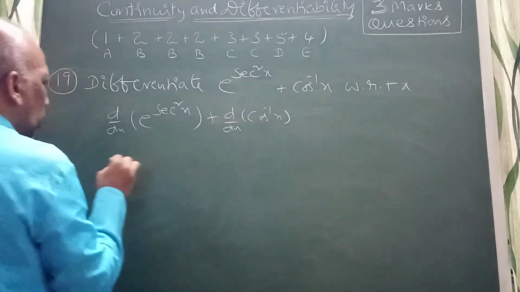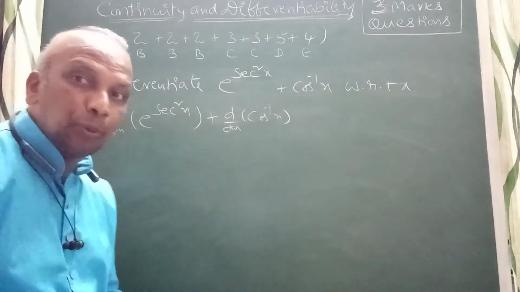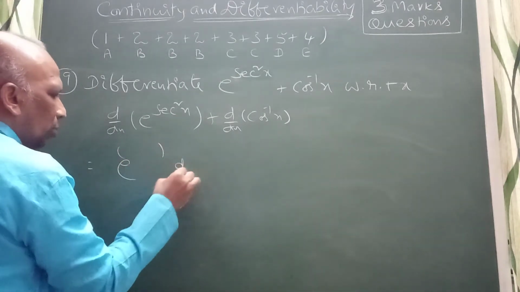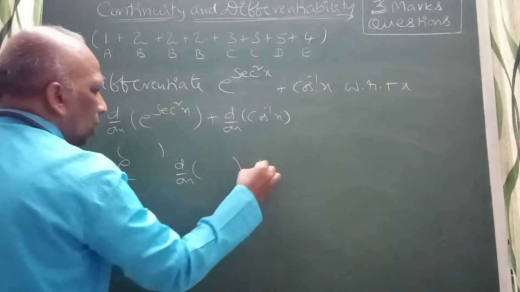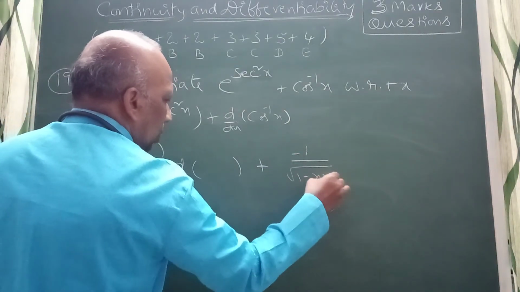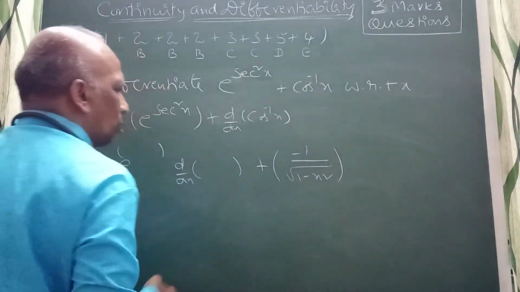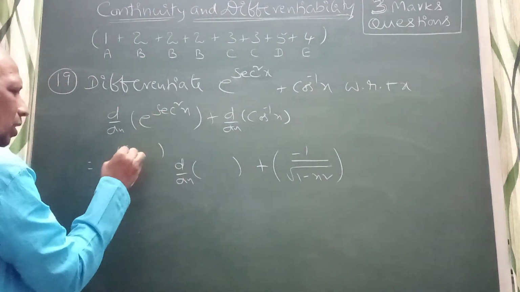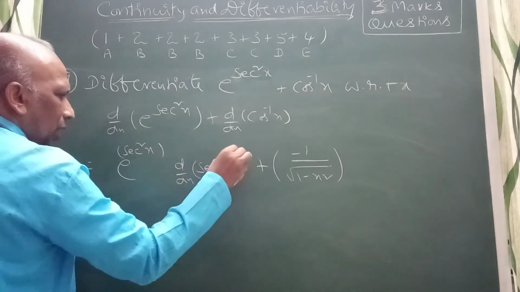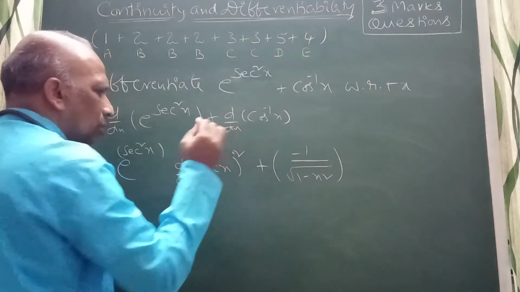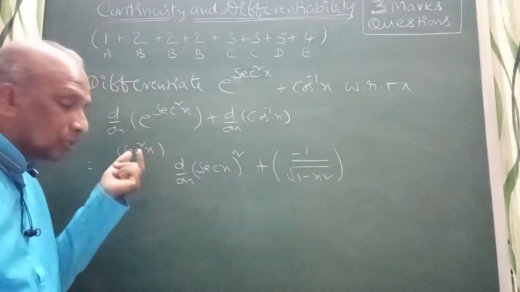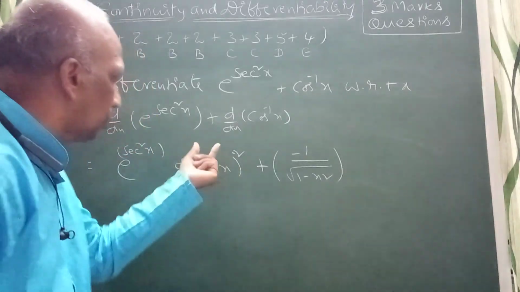We know the derivative of e power x is e to the power of x, and the derivative of cos inverse x is minus 1 by root of 1 minus x square. Secant square x means I can write secant x whole square. Both are the same, right? Secant square x is nothing but secant x whole square.